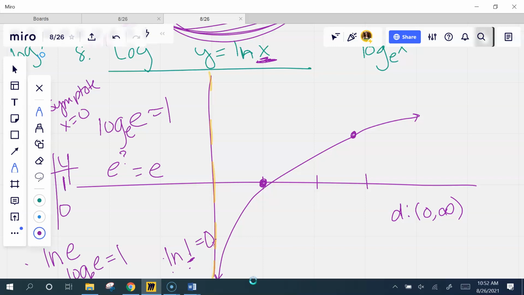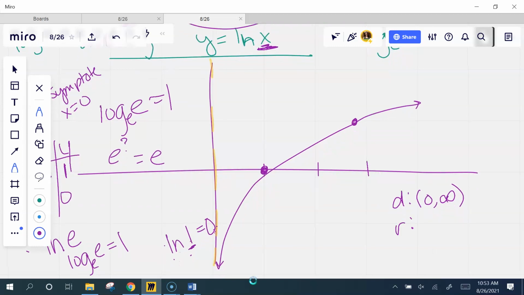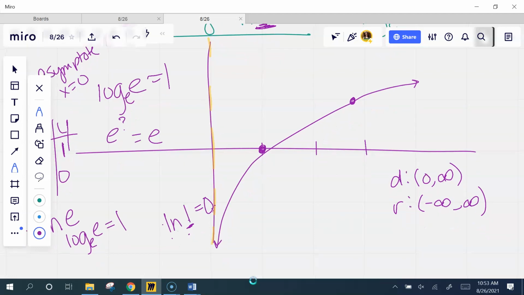Yes, we did. And it is a crucial topic for pre-cal. How about the range? Is it continuous? Yes. Does it have symmetry? No.